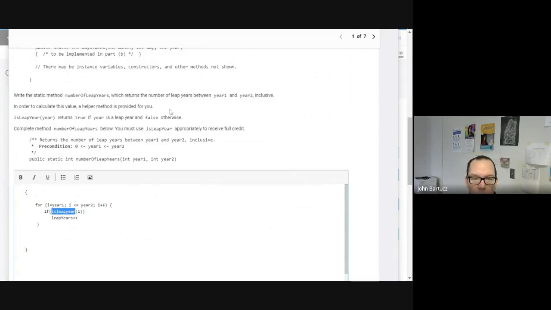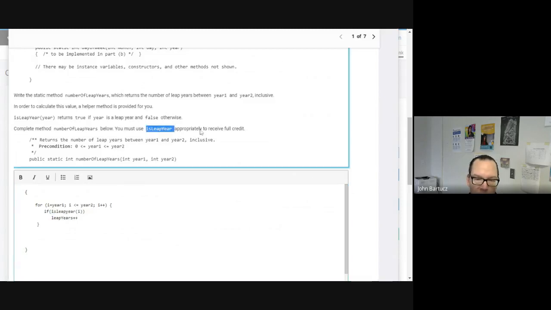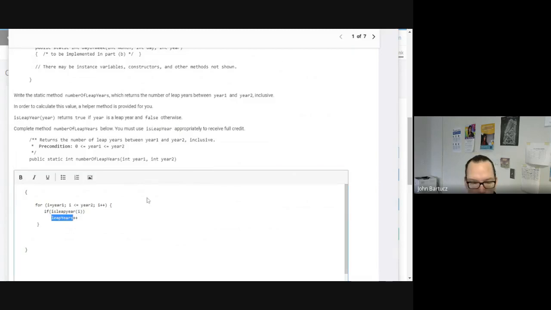If is leap year, right? He used the is leap year. Then he has some variable called leap years or number of leap years. He adds 1 to it. So I'm going to go ahead and flesh this out a little bit more.